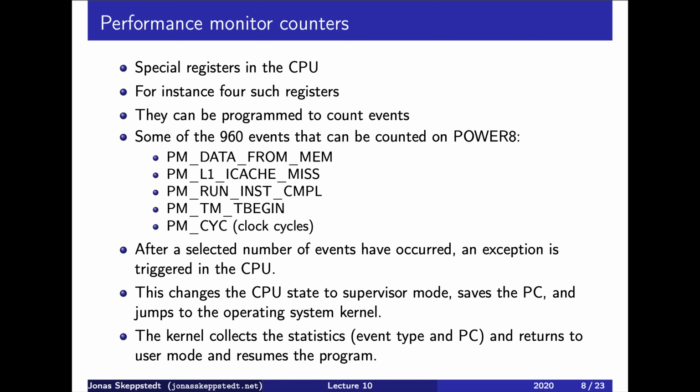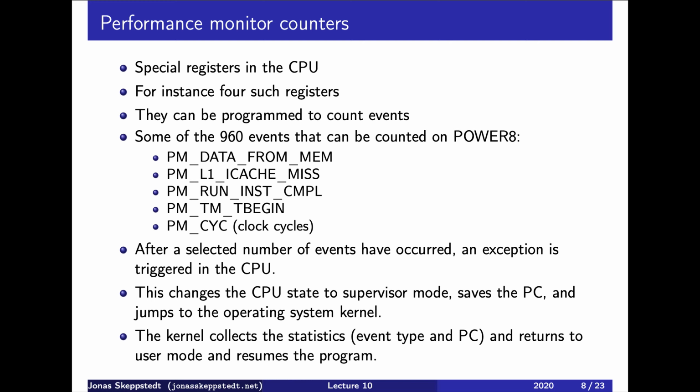An exception is, in this course, not in the object-oriented programming sense, but a hardware exception. And what happens is that the processor jumps into the operating system kernel and requests help from the kernel to handle the situation.